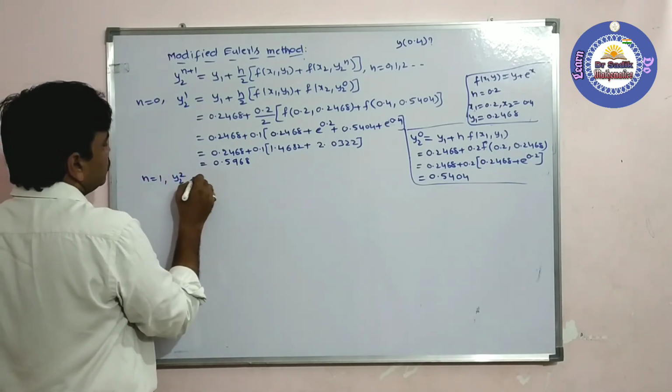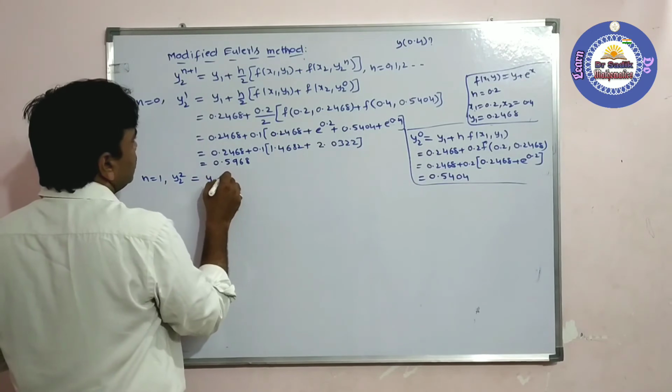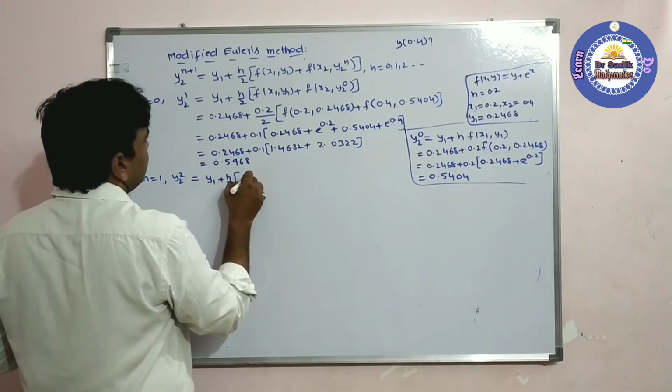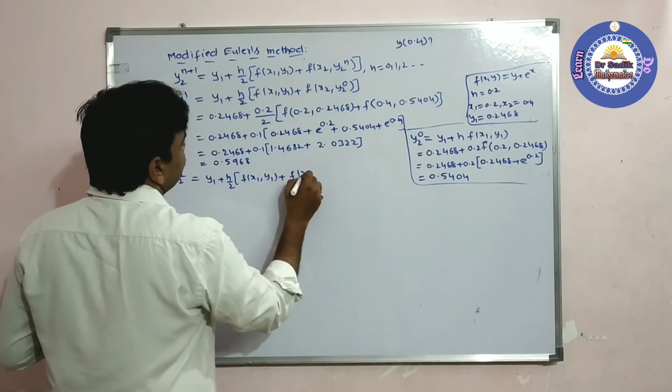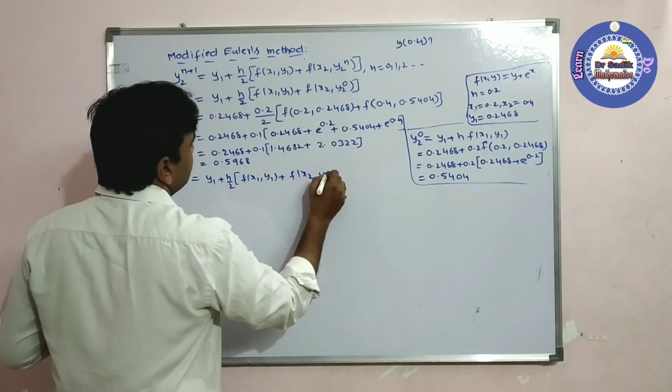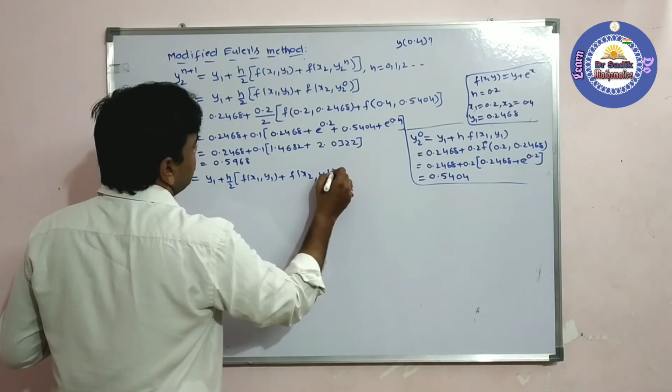So y2 power 2 is equal to y1 plus h by 2 f of x1 y1 plus f of x2 y2 power 1, this time y2 power n.